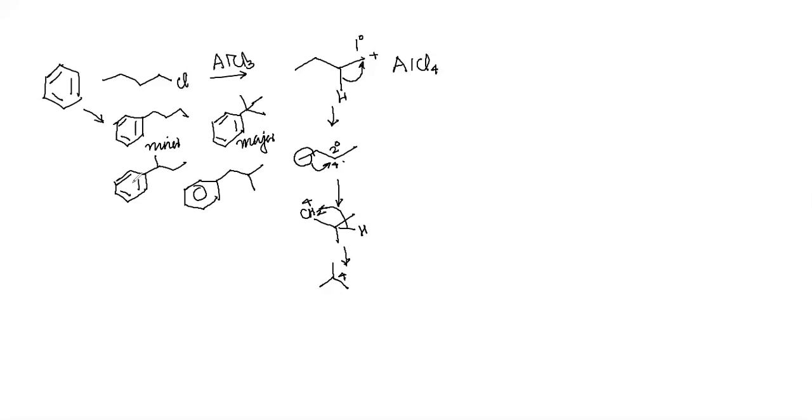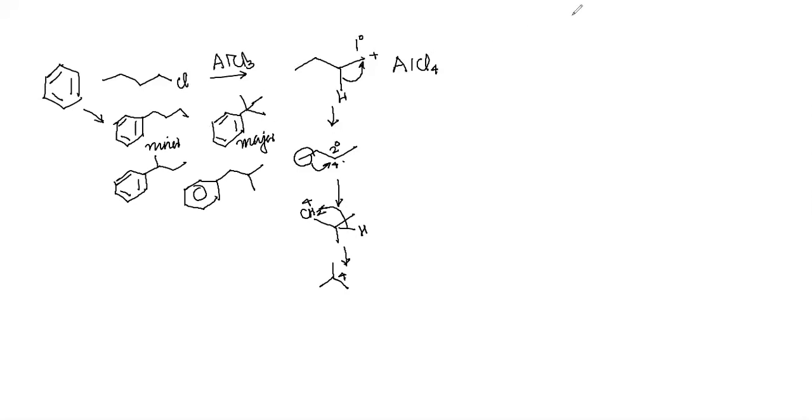What is the drawback? It undergoes rearrangement and multiple products are obtained. Since it involves a carbocation, primary carbocations will undergo rearrangement into secondary, into tertiary, and that will lead to formation of multiple products, which is never favorable.